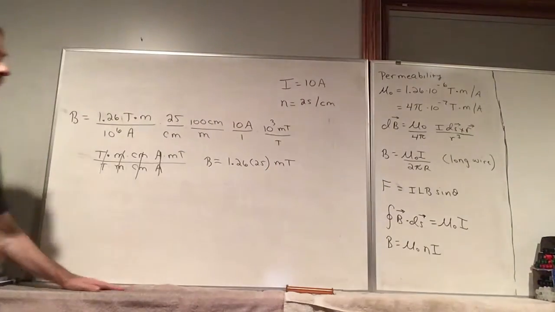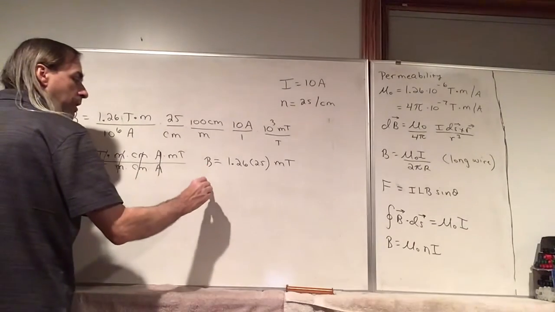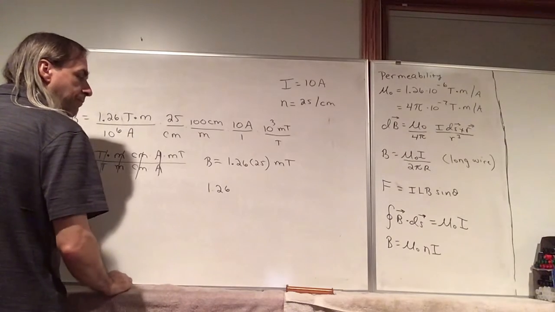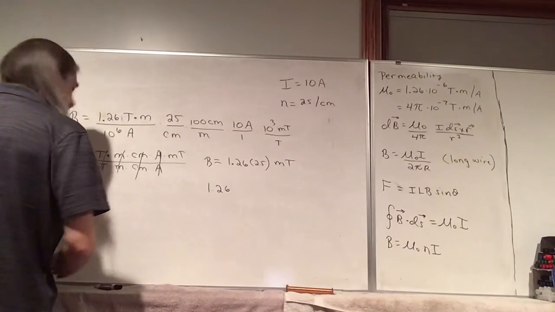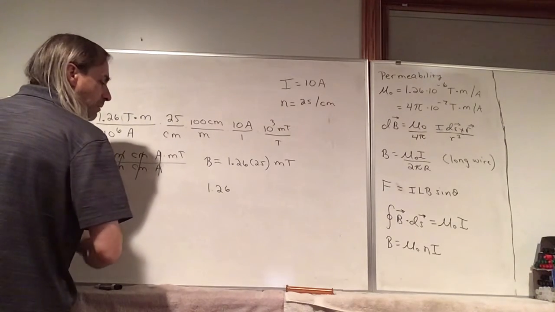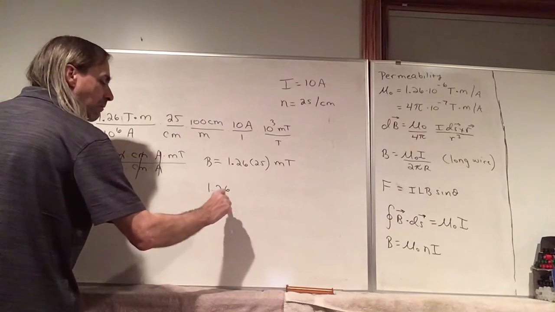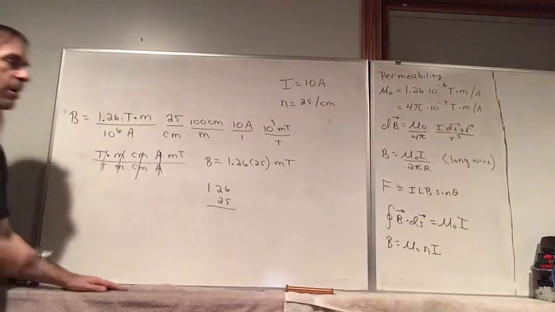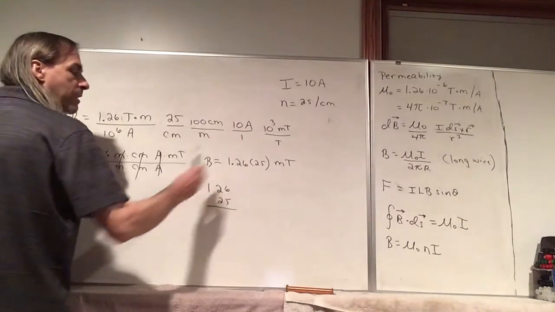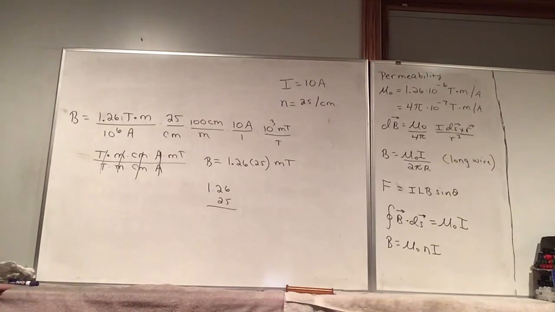Nice, we had 10 amps, a nice even number. So let's just do this: 1.26 times 25. We can actually simplify that a little. We could multiply by 4 over 4, so we'd have 1.26 times 100 divided by 4.